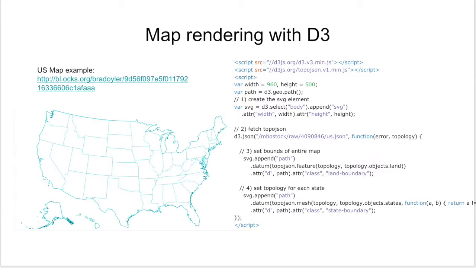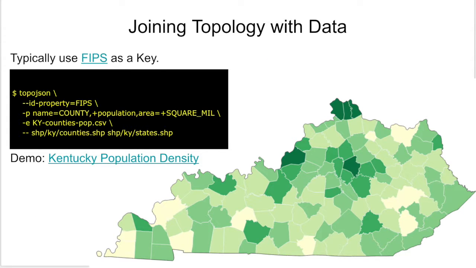The -p means these are the fields I want to include, the -e is your input file, and you can output this to a shape or a JSON file. So this is super handy. But like I said, it's something we're doing server side, where we take the JSON file, loop through it, and join the data with the JSON file from some other external source.